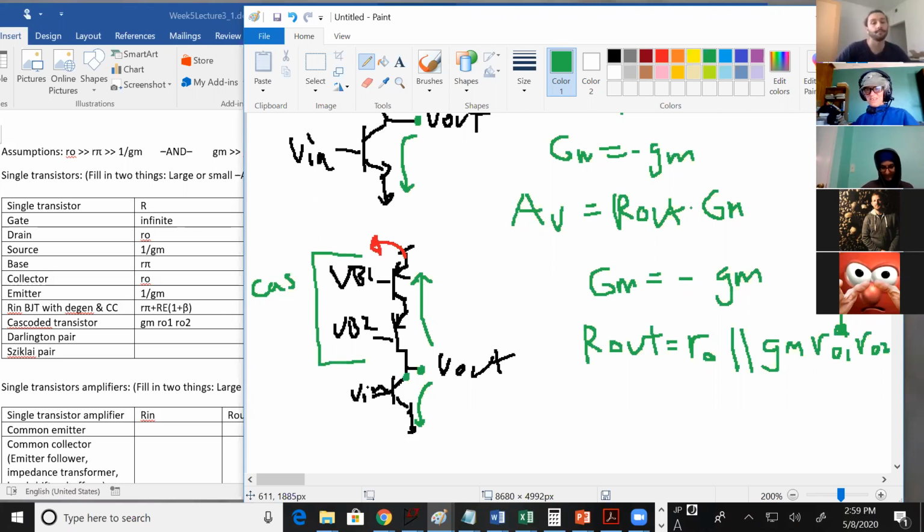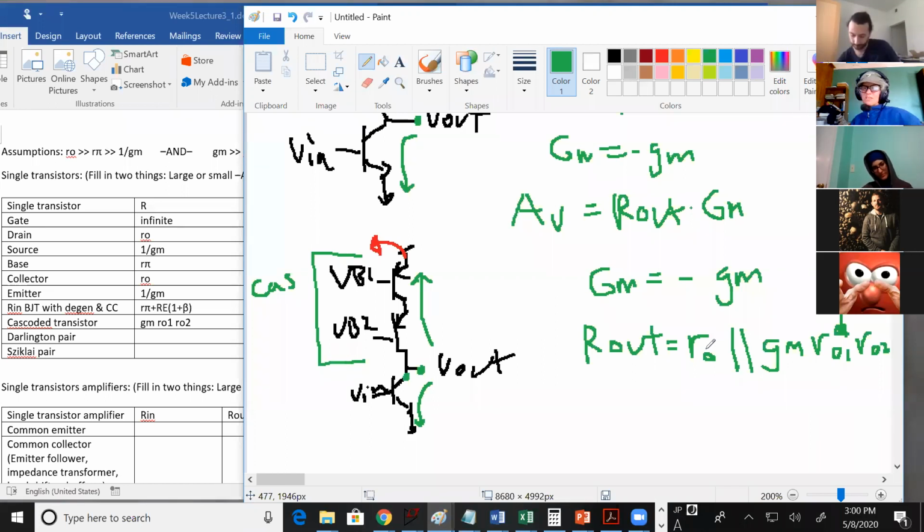I have 1 minute. I can do this. But you have RO squared in parallel with RO. What's your approximate R out then? Is it just RO? It's just RO, because you have like 10 to the 10th in parallel with 10 to the 5th.